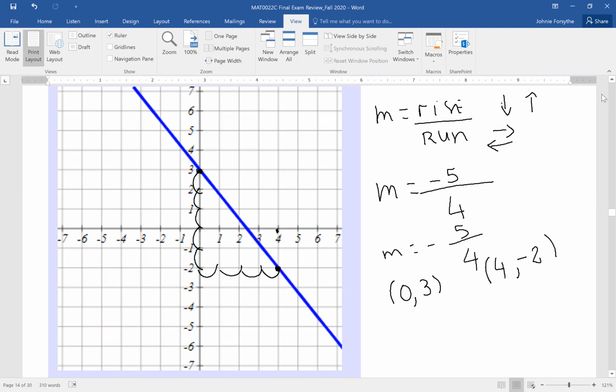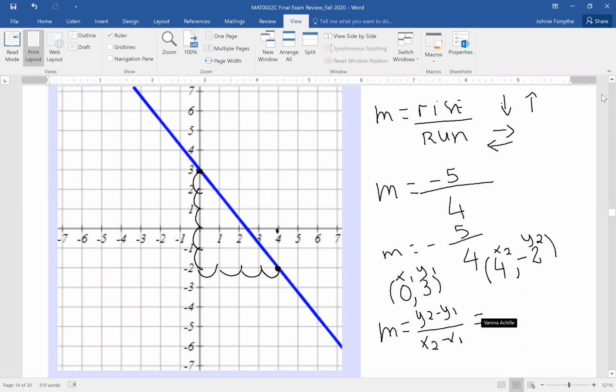So remember the slope formula was m equals y2 minus y1 over x2 minus x1. I label my points x, y, x, y. If this is x1, y1, this is x2, y2.